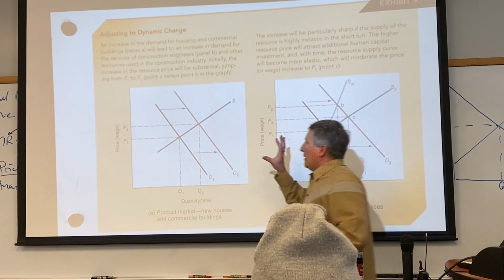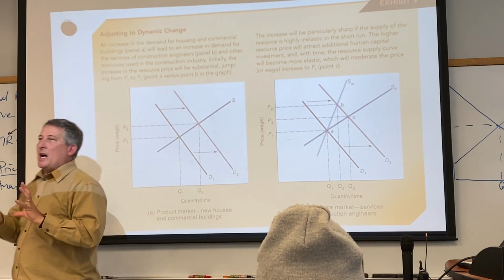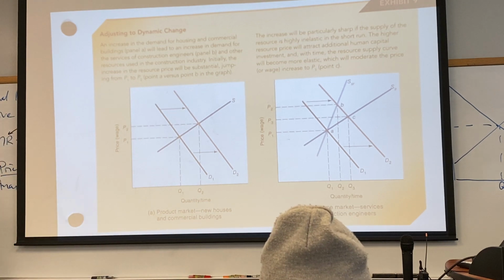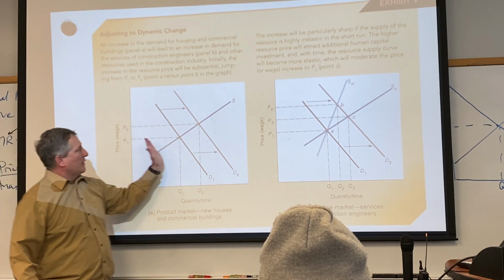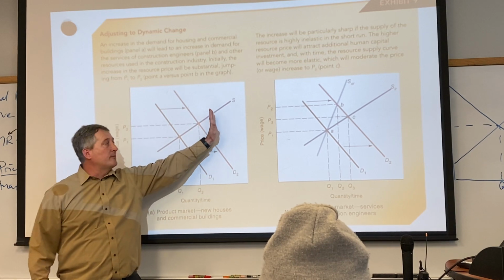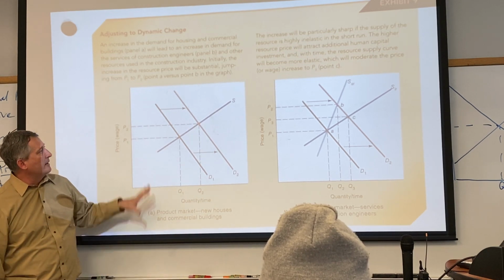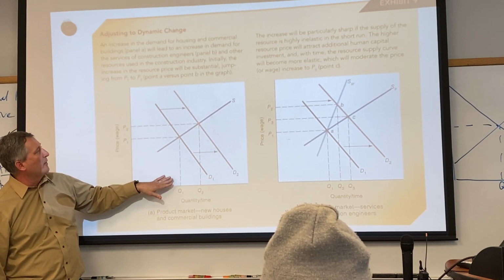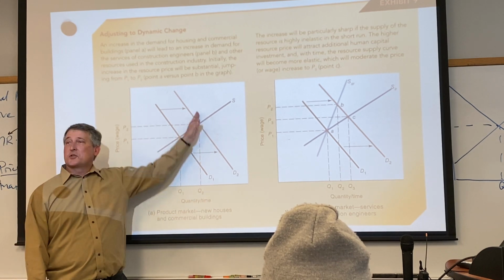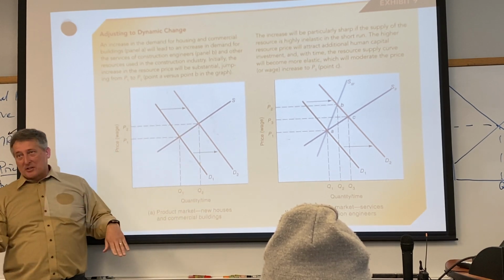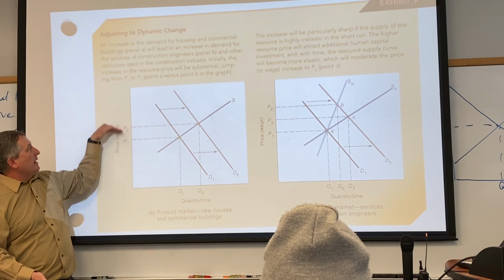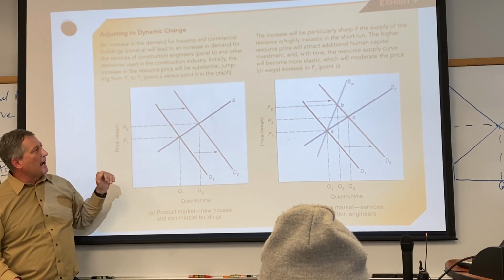And so the play over time of how markets sort themselves out: if there's an increase in housing demand, for whatever reason, people are moving, maybe interest rates are low, a combination of both, then that causes new construction. We make new construction, we need engineers, right? And the price of the services are high.